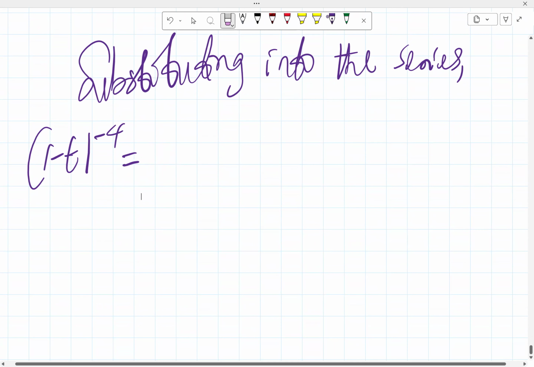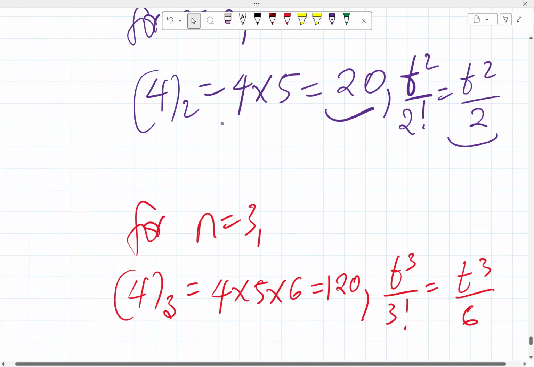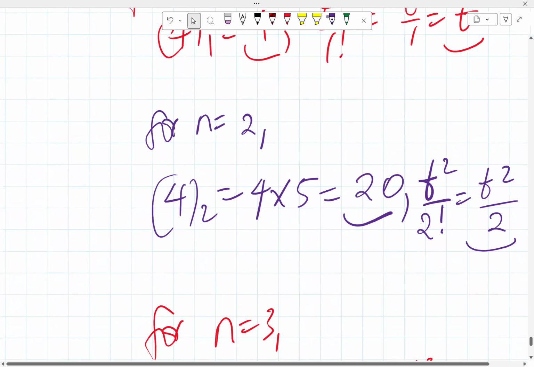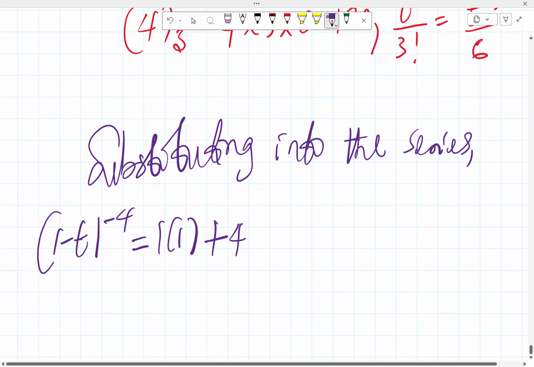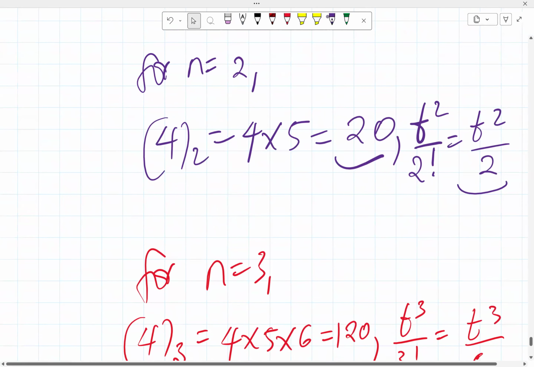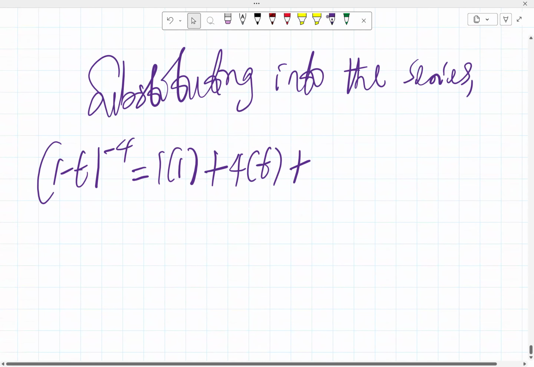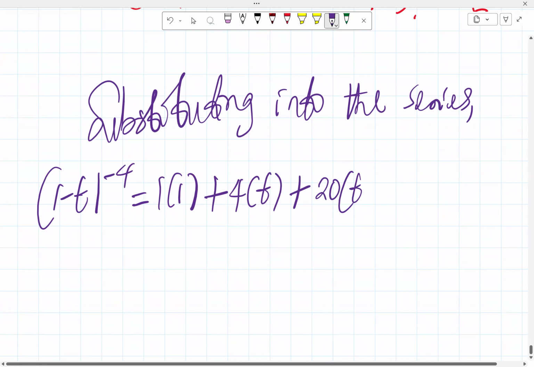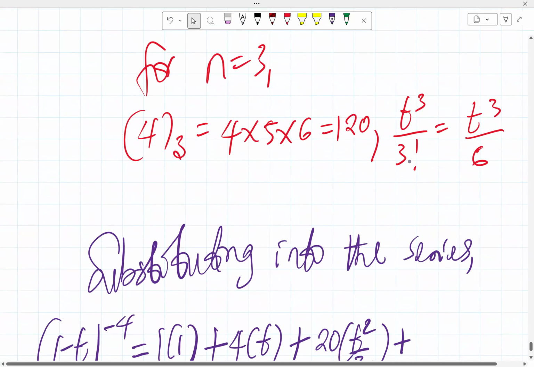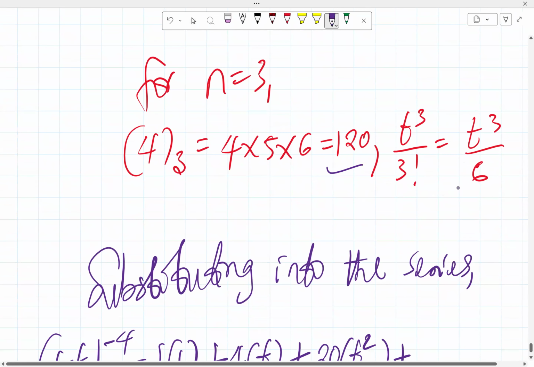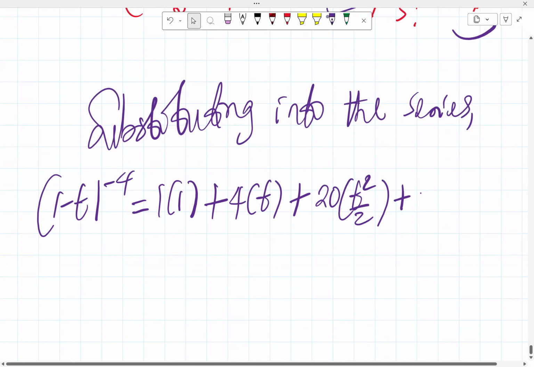Next, we have 4 times t. Next, we have 20 into t squared over 2. And lastly, we have 120 into t cubed over 6, plus all the other terms.